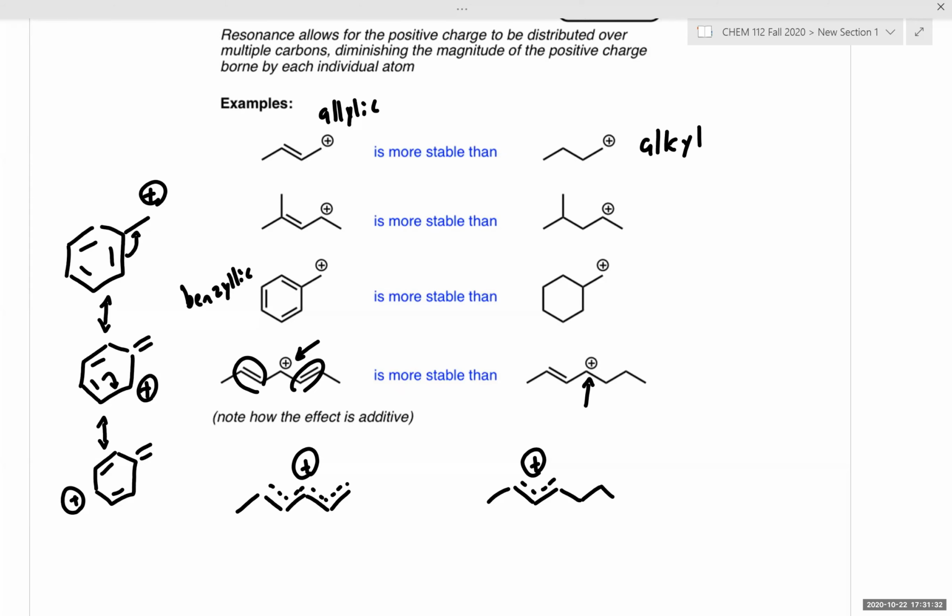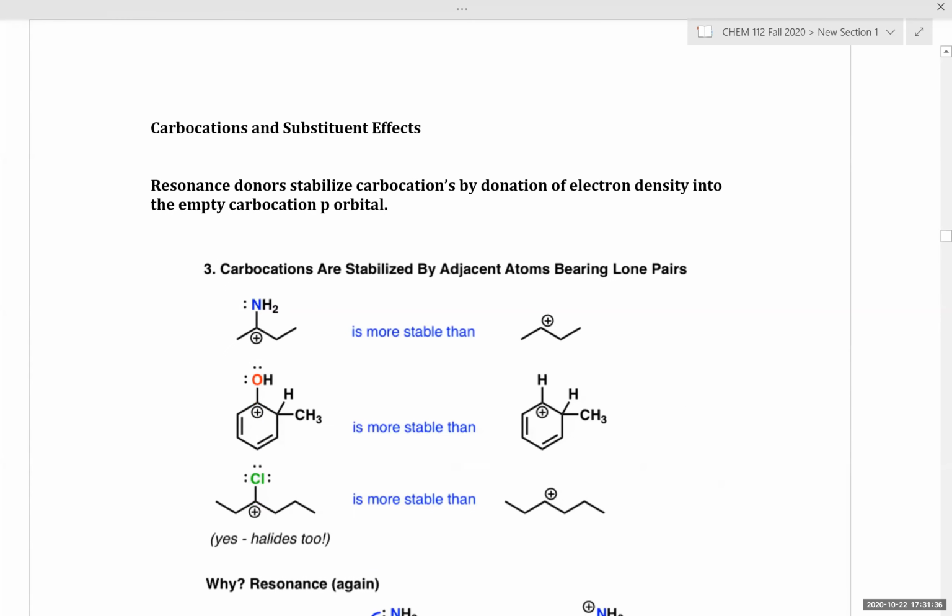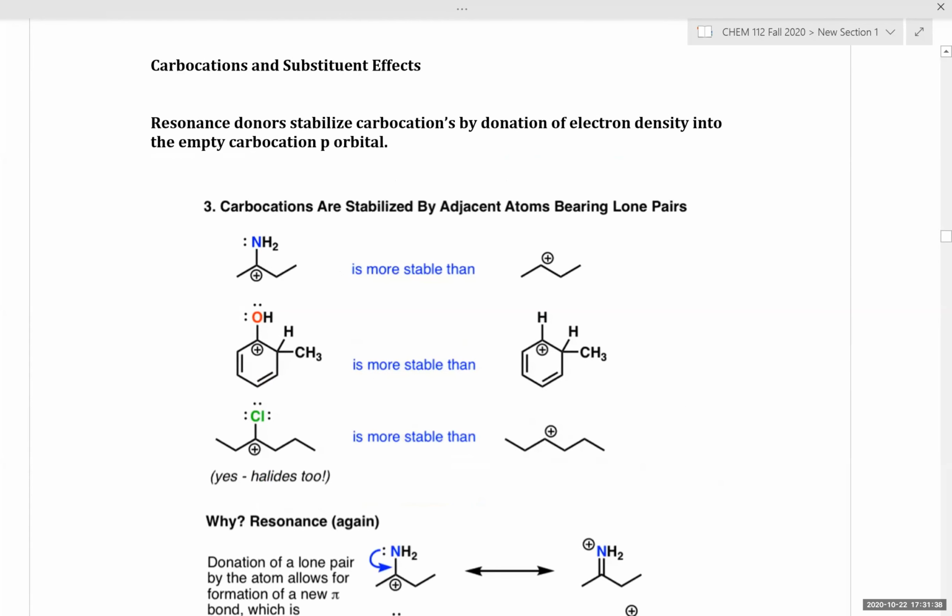Perfect. So, when we think about substituent effects, we're now going to begin to address how different atoms impact carbocation stability. Resonance donors can stabilize carbocations by the donation of electron density into the empty carbocation p orbital.